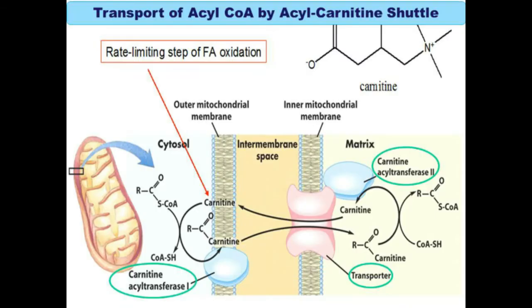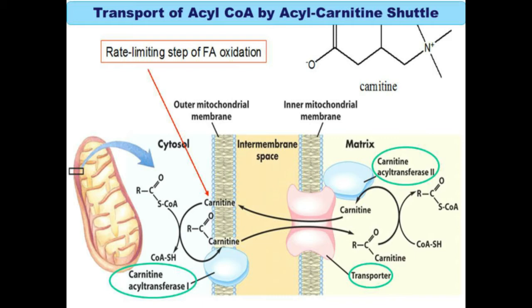Very long-chain fatty acids, that is 22 or 24 carbon fatty acids, are oxidized in peroxisomes. Long chain fatty acids can cross the outer mitochondrial membrane through porin channels but could not cross the inner mitochondrial membrane.